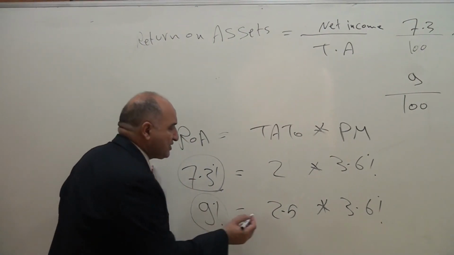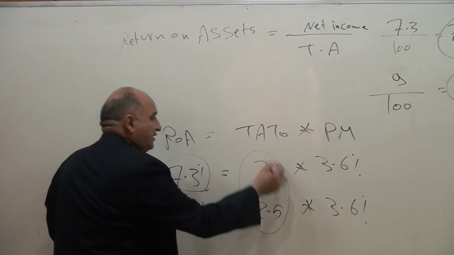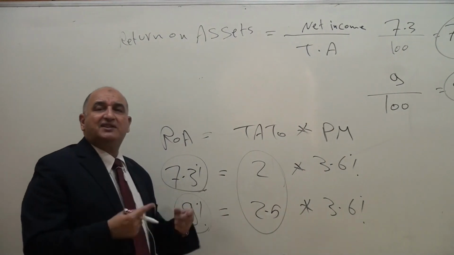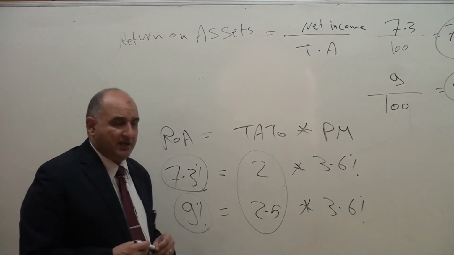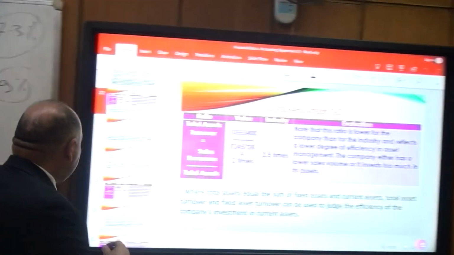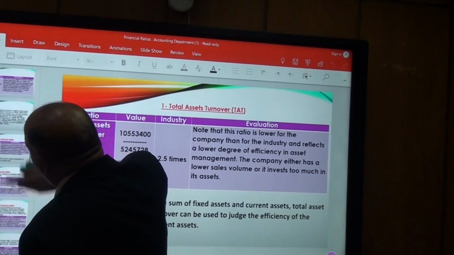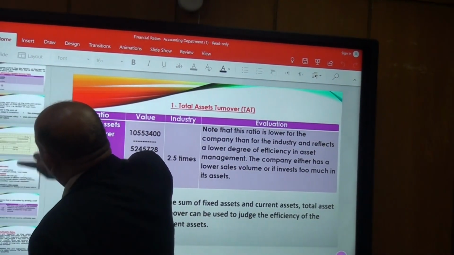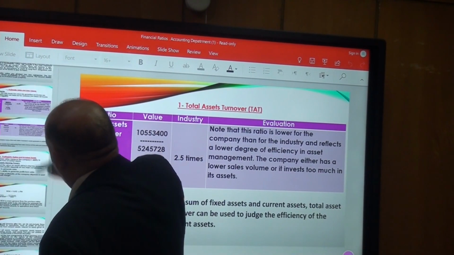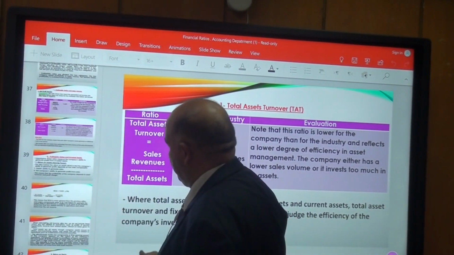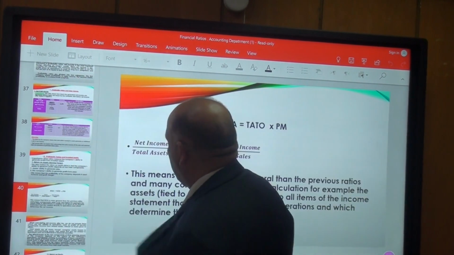This is because we have a lower total asset turnover. This is how we can make a relation between ratios from different groups. Okay. This is ROA.